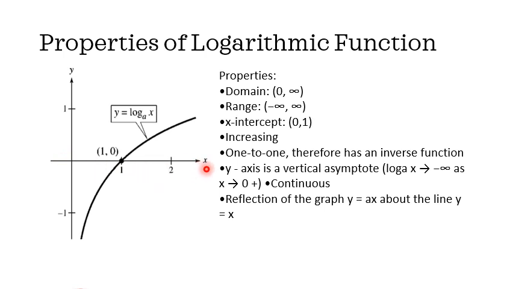So x-axis for exponential, y-axis for logarithmic in terms of asymptote. It means the graph will never touch the y-axis for the logarithmic function, and for the exponential function, it will never touch the x-axis. Right?